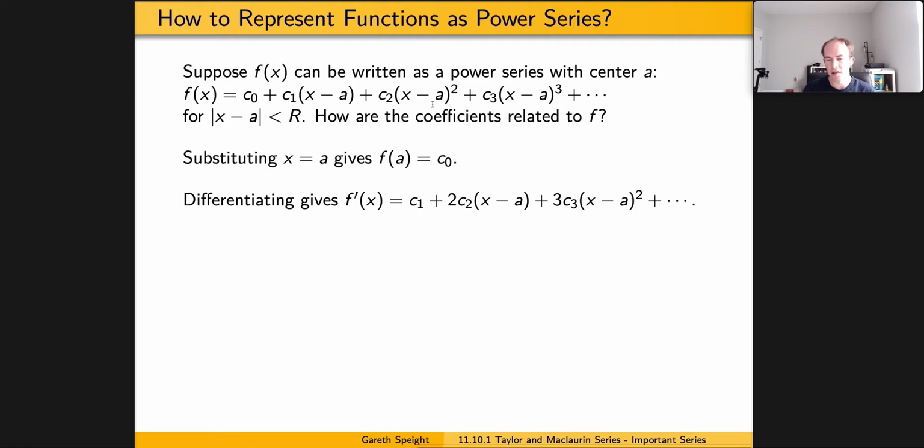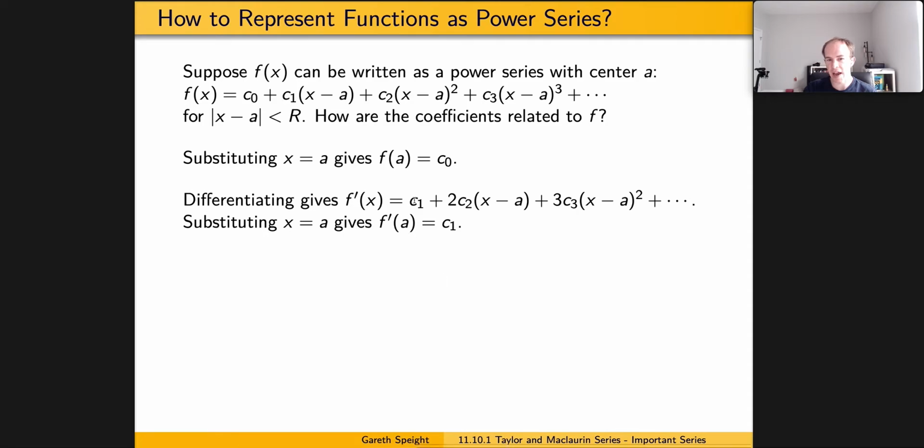And then we have 2c2 times (x minus a), 3c3 times (x minus a) squared, and so on. So we just differentiated term by term to get f prime of x. And then we plug in x equals a. On the left side, we have f prime of a. On the right side, everything still involving an x minus a goes to 0. We're just left with f prime of a equals c1, or in other words, c1 is equal to f prime of a. So that now told us what c1 is.